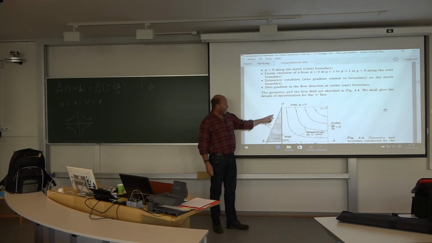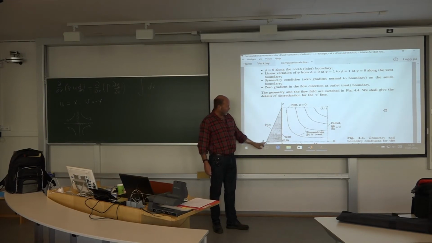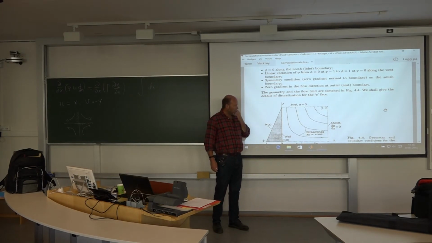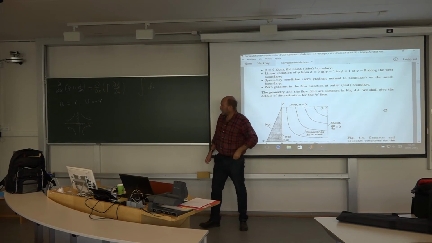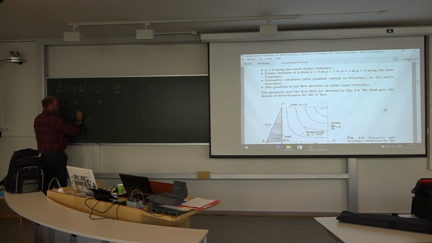Here we have a variation of our unknown phi, the concentration. It goes from 0 to 1 at the bottom here. Now you might ask, how can this concentration enter into this area?